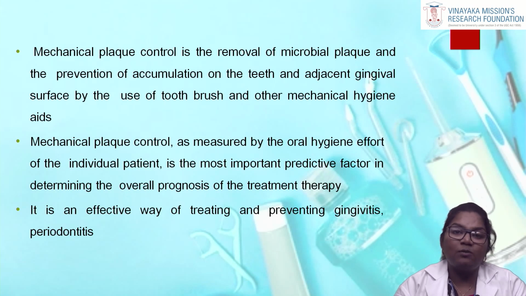To summarize, mechanical plaque control is what we can do by ourselves as individuals to prevent the accumulation of plaque that can get mineralized into calculus and lead to gingivitis and periodontitis. Whereas chemical plaque control is done when patients visit the dental office and get treated there.